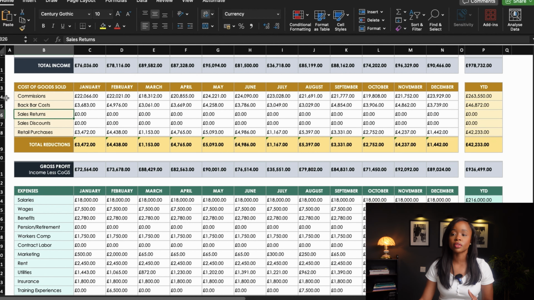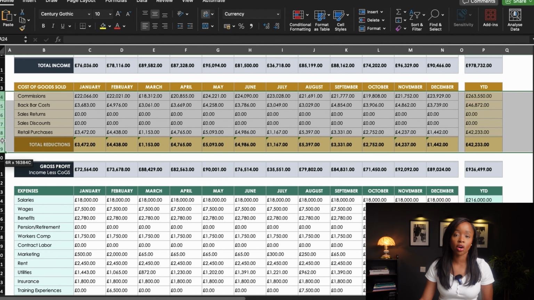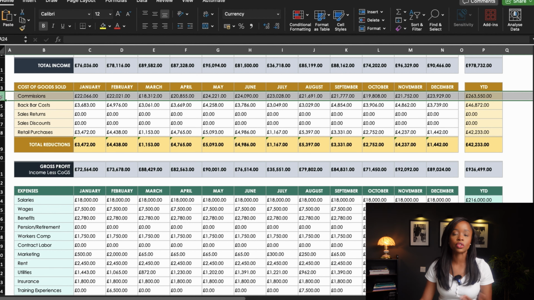So for instance, if you are selling cups of coffee, just as a random example, you are going to need to account for how much it actually costs you to make that cup of coffee. So you might be selling that cup of coffee for £3, okay? But that is what you are selling it to the general public for. It doesn't necessarily mean that that £3 is the same amount of money that it costs you as a business owner to make that cup of coffee, okay?